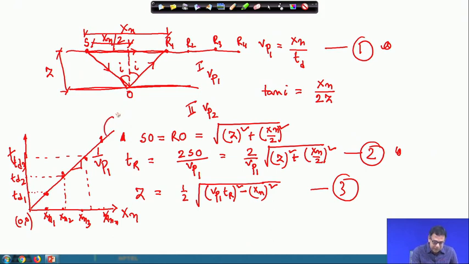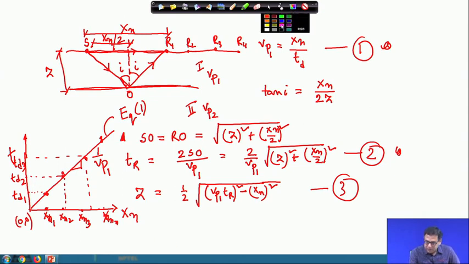So, this will represent the equation number 1. And if I get the slope of this straight line, it will give me the 1 by Vp 1.